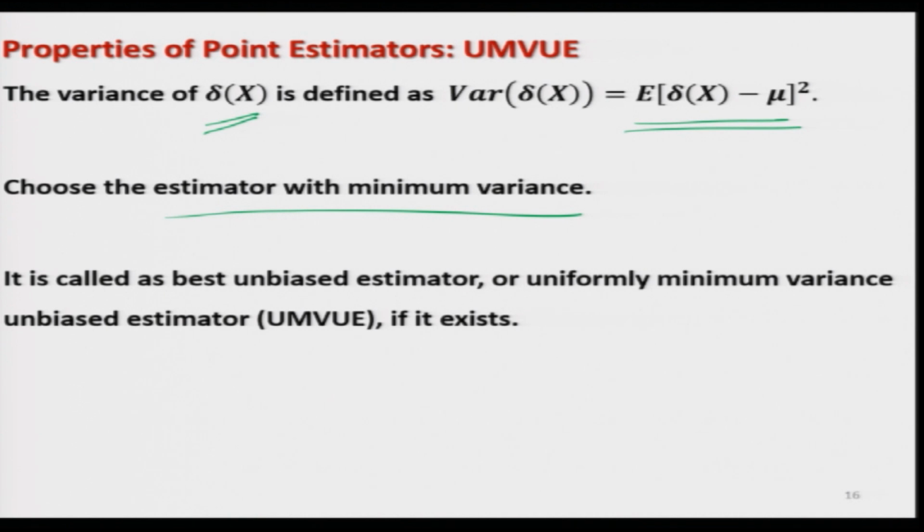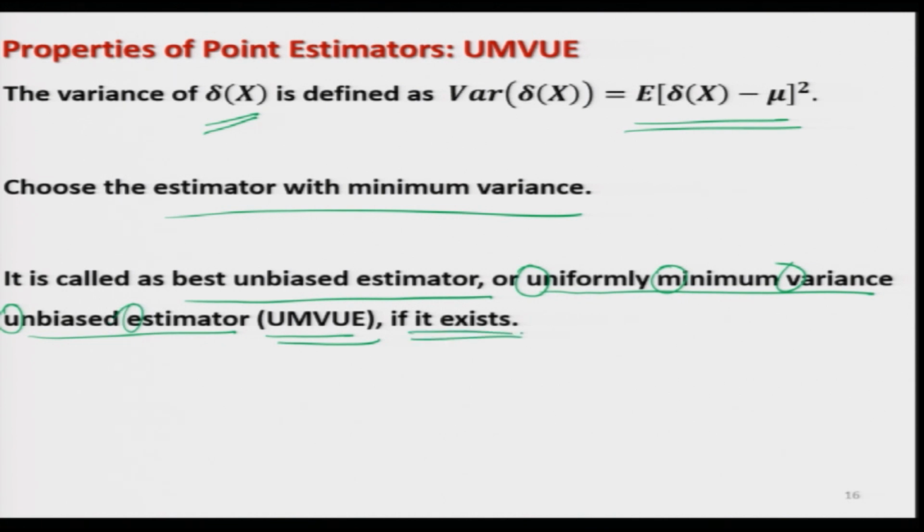That is called the best unbiased estimator, or the uniformly minimum variance unbiased estimator, briefly called UMVUE. U, M, V, U and E come from here. It is not always the case that a UMVUE exists.